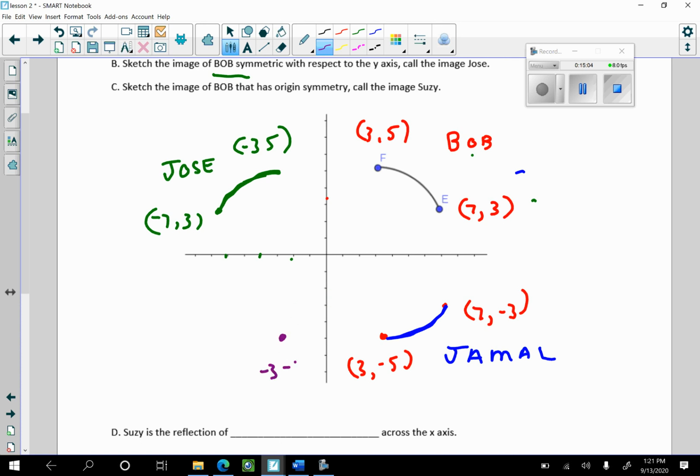This is -3, -5, and keep in mind both are opposites. And now I'm going to go to -7, -3, and make sure my graph is arced between those 2 points. And this is the image of Susie.